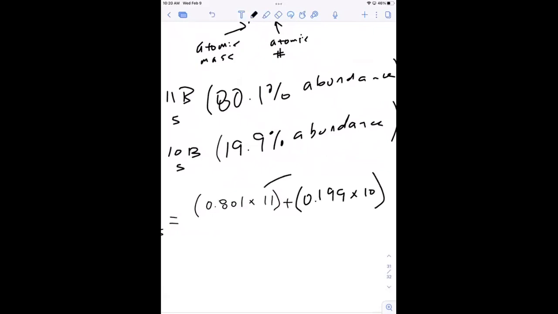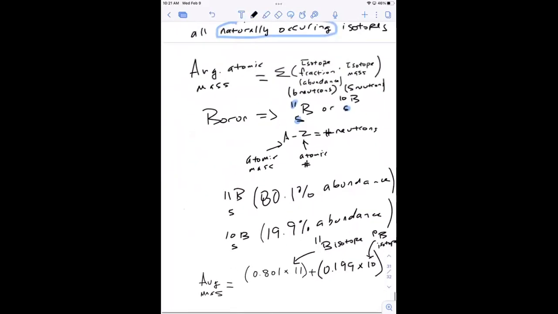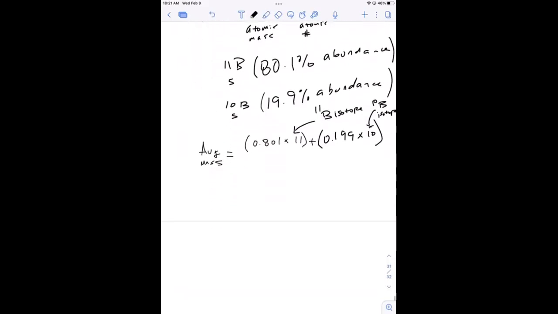The 11 is for the boron 11 isotope. The 10 is for the boron 10 isotope. And remember, if we're taking the average, it's the sum of the isotope fraction times the mass for all of your isotopes.